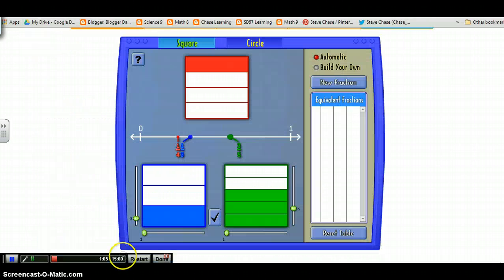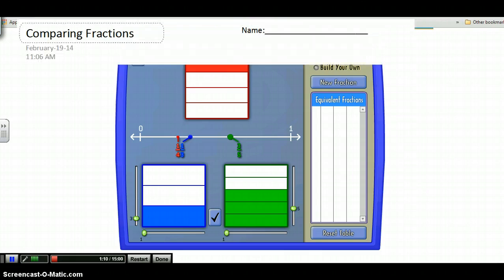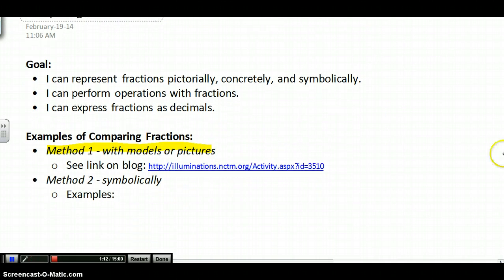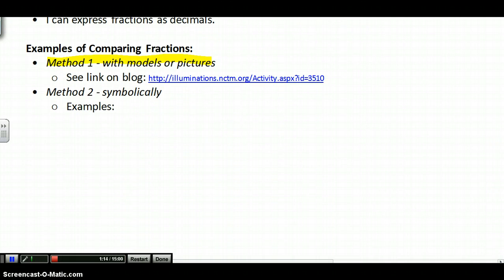Now we were just looking at a third and 3/5. So if we take that same question, we could show it symbolically or mathematically: 1/3 and 3/5. The way to do it is to use a common denominator.